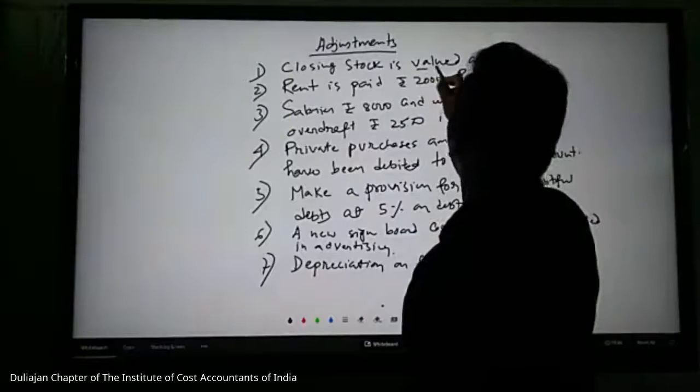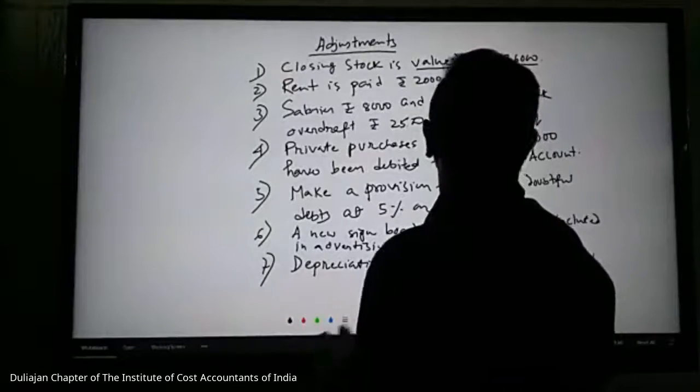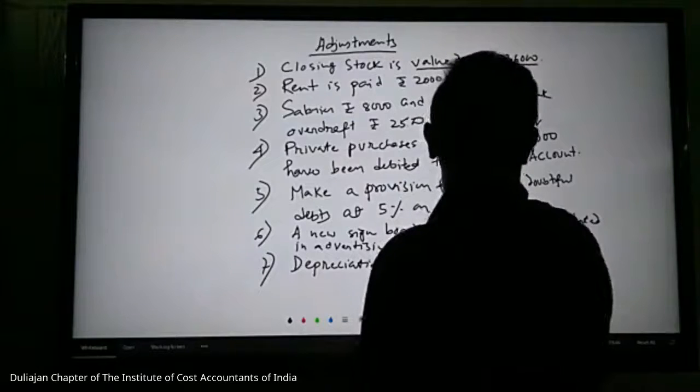Closing stock is valued at rupees 36,000.